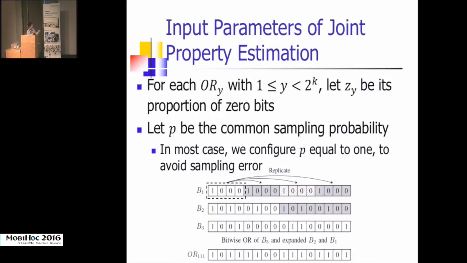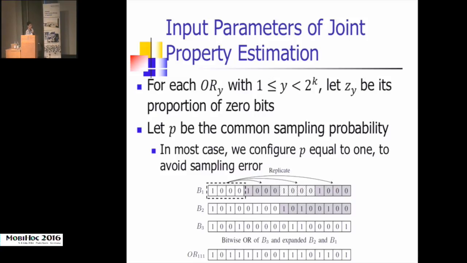This is the input parameter of our joint property estimator. We just know the proportion of 0 bits in each OR bitmap. Here we have OR111. It represents that B1, B2, B3 all participate in the OR operation. You can see the three bits can change from the 1 state to the 0 state.